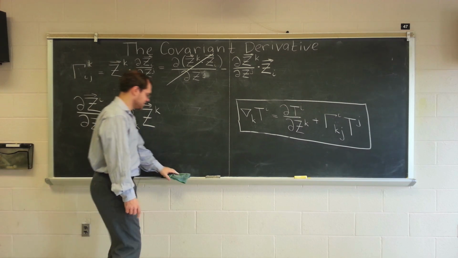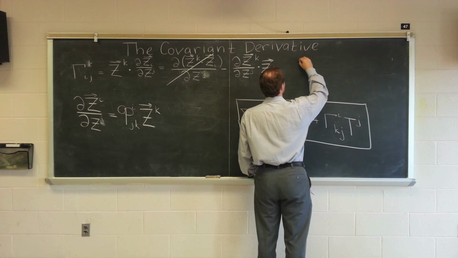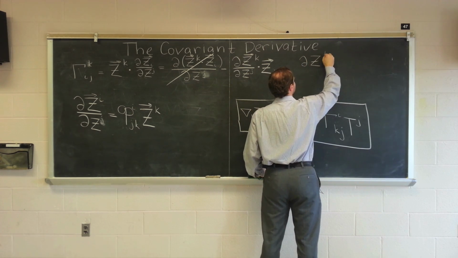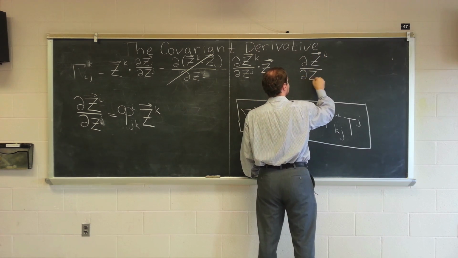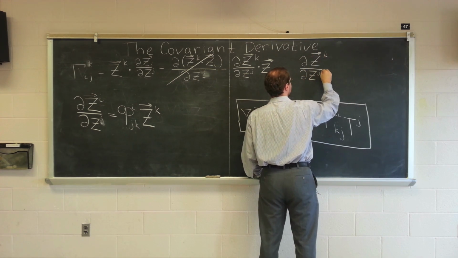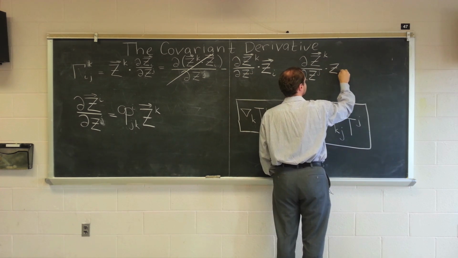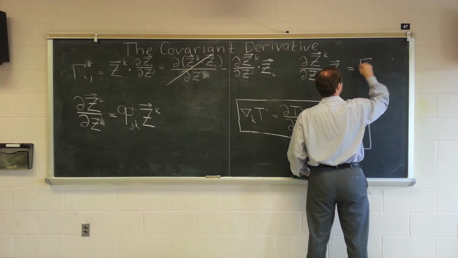So let me just summarize it right down here. DZK over DZJ dotted with ZI equals minus.